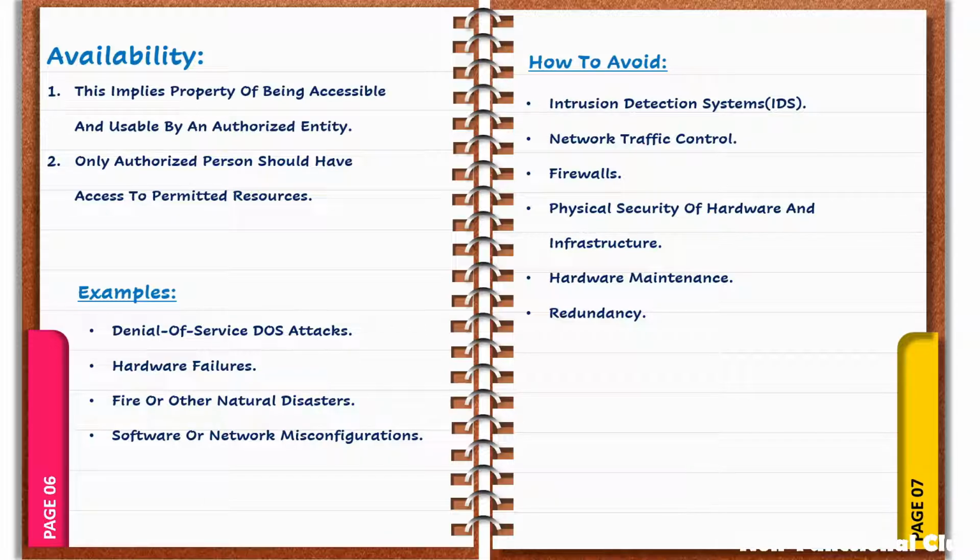We should have strong firewalls in place so that no one is able to carry out DOS attacks on the system. Then we should have physical security of the hardware and infrastructure so that it is always protected against fire, water, and other elements which can cause harm to the system. Hardware maintenance activity should always be carried out, so that this infrastructure is never affected, and redundancy should be taken care of.